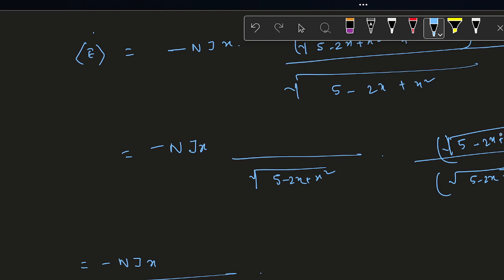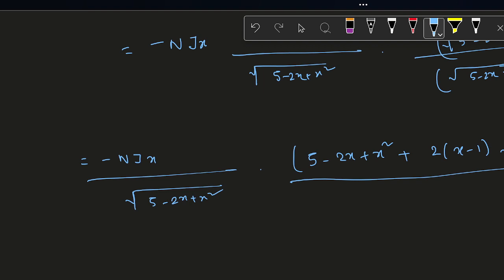Then you can take a plus b whole square or a minus b whole square type of relation, where a is root over 5 minus 2x plus x squared, so a square will be 5 minus 2x plus x squared, plus 2ab is 2 into b, which is x minus 1, into root over 5 minus 2x plus x squared, plus b square is x minus 1 whole square, which is x squared minus 2x plus 1.